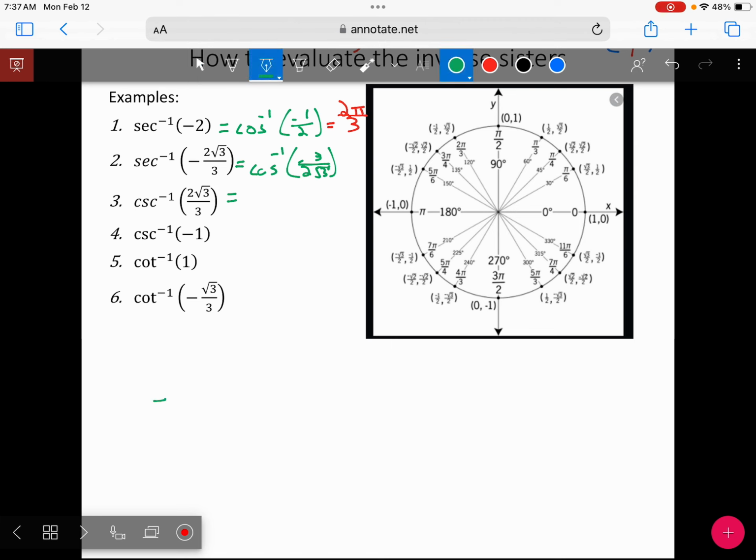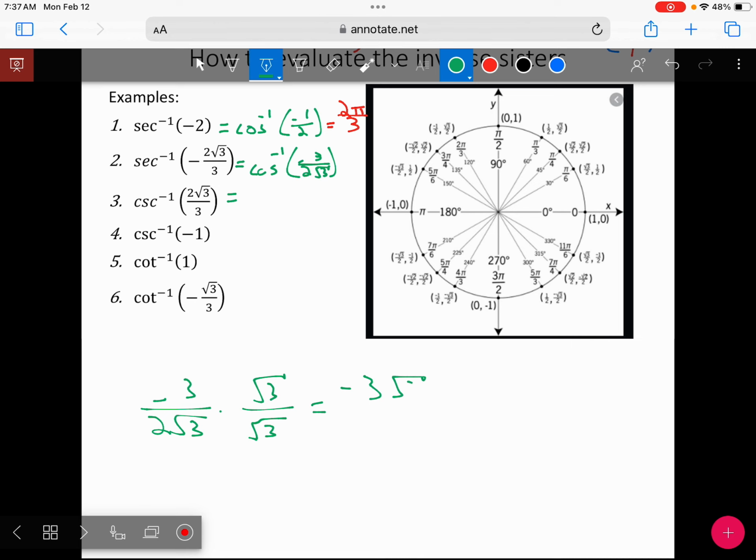The way we would rationalize the inside, I'm just going to write the inside: -3/2√3. You just have to multiply by the square root. Our square root here is √3. You don't have to multiply by the whole denominator. So you multiply top and bottom by √3.